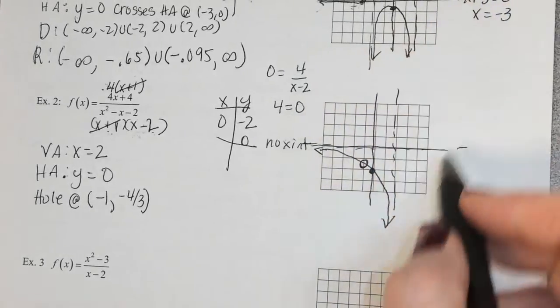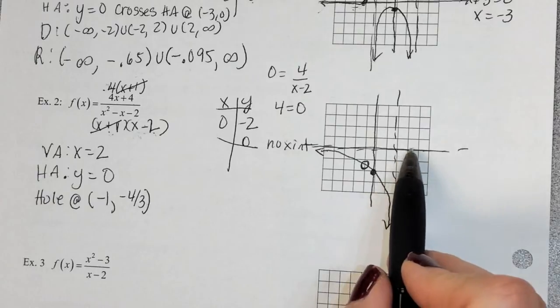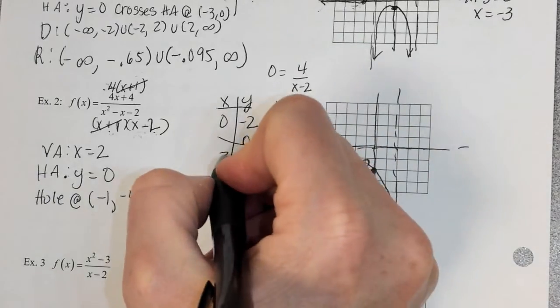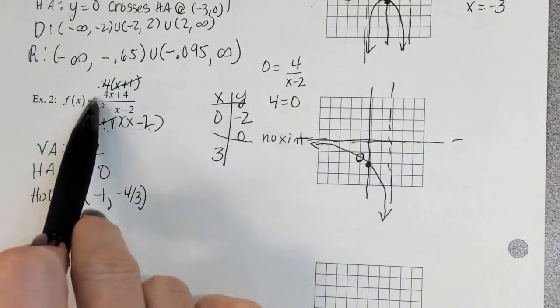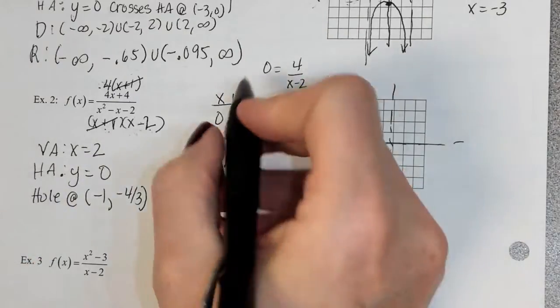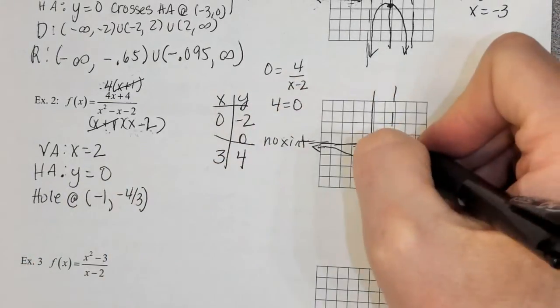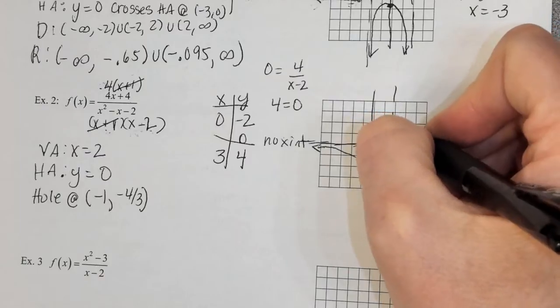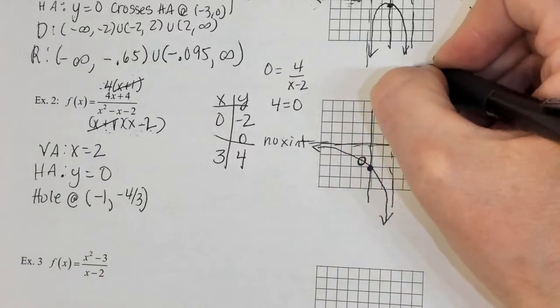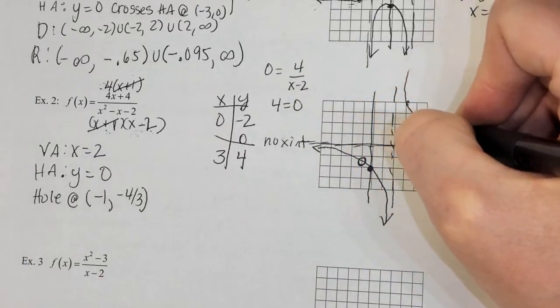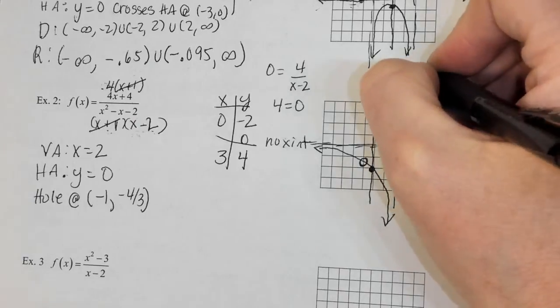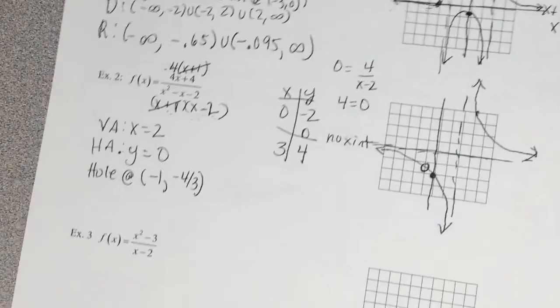I know this part over here, I'm just going to test 1 point just to see. I'll test 3. If I plug in 3, 4 over 1 is going to be 4. I just wanted to have at least 1 point over here to get kind of some idea of what this is going to look like. Looks like that.